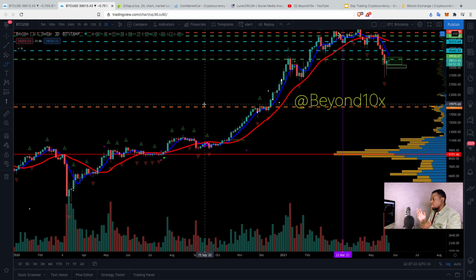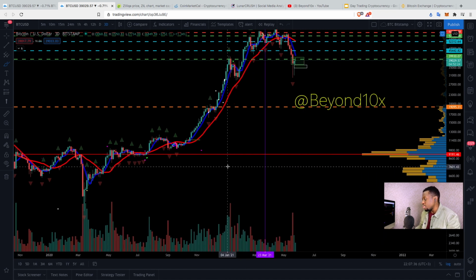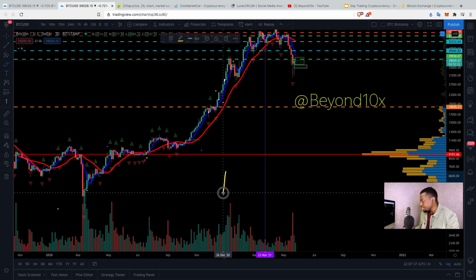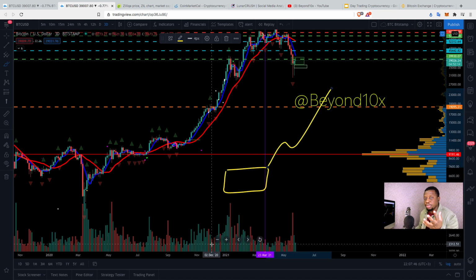When it comes to these two types of markets, you have to have two different trading methodologies. When it comes to ranging markets, the price is obviously going to be in accumulation. Accumulation happens before the price has an uptrend.